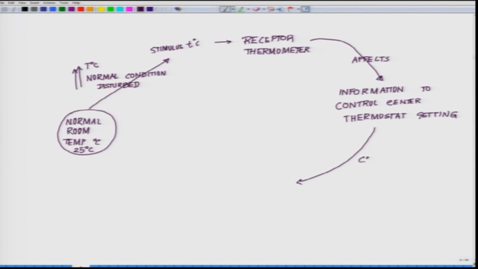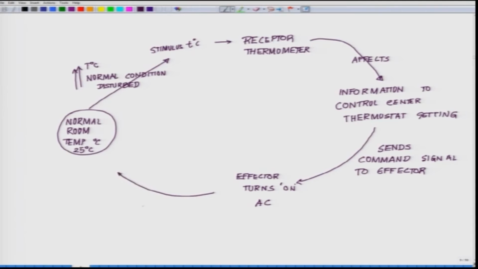A command signal is being relayed by the thermostat to the effector, and this effector then turns on the air conditioner. So, your air conditioner is on.